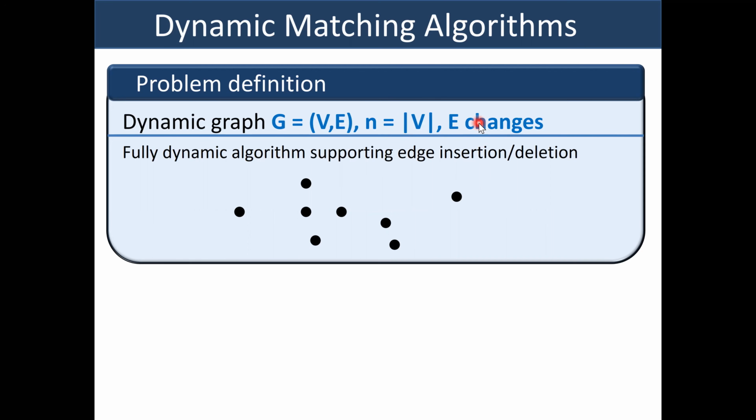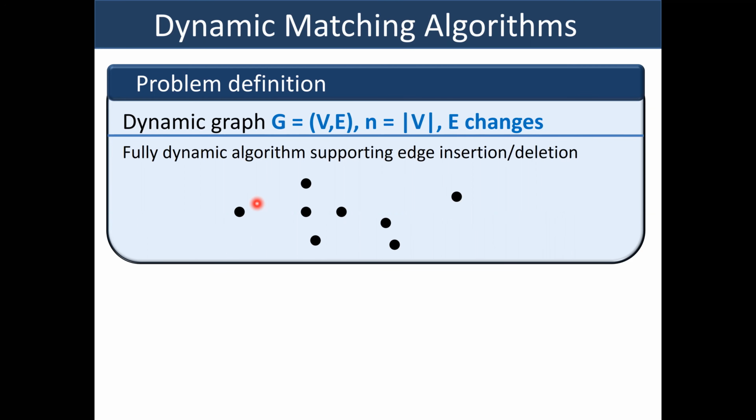Now, at every update step, a single edge is either inserted or deleted. And let's assume that we start from an empty edge set. Now, following every update step, the algorithm has to update the matching of interest. And for concreteness, let's assume that this is a maximal matching, and therefore also a 2 approximate MCM.